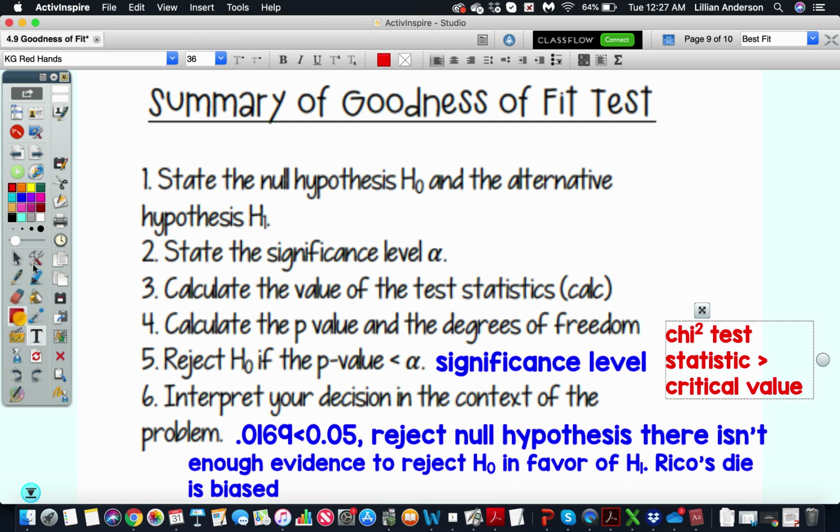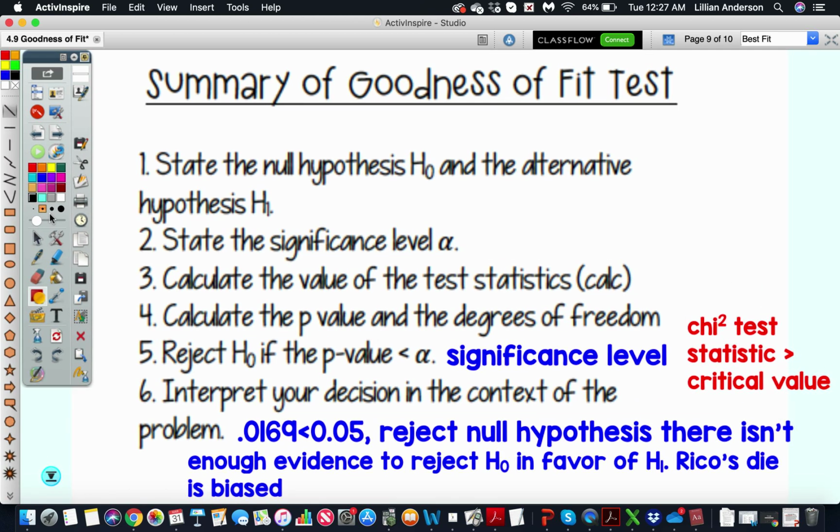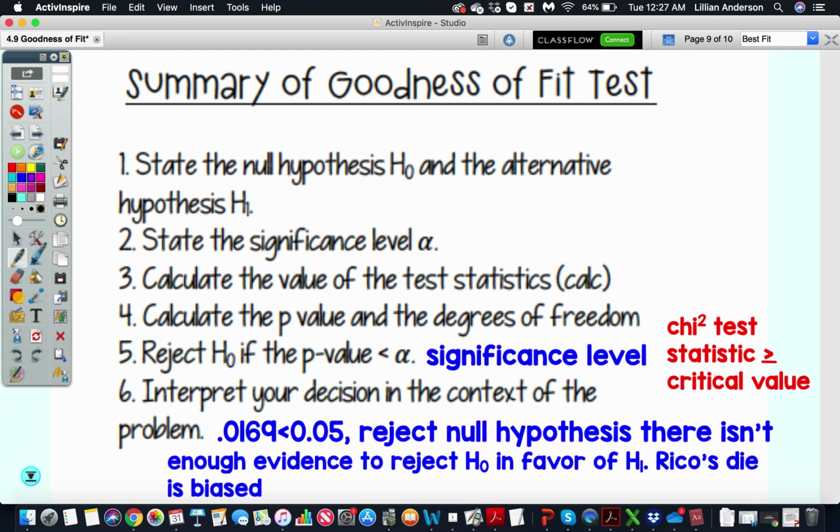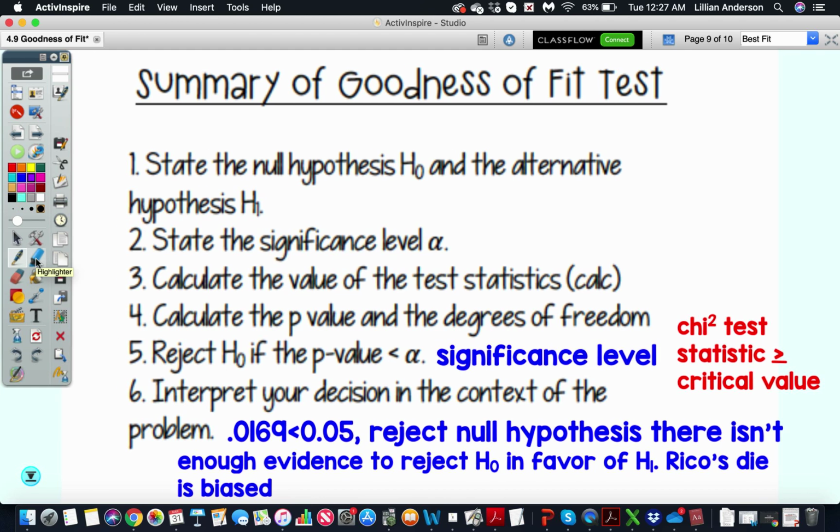Depending on what you're given in the problem, you might have to compare the p-value with the significance level or the chi-square test statistic with the critical value. If the chi-square test statistic is greater than the critical value, you reject. If it's less than, then you fail to reject. Okay, so hopefully that makes sense.